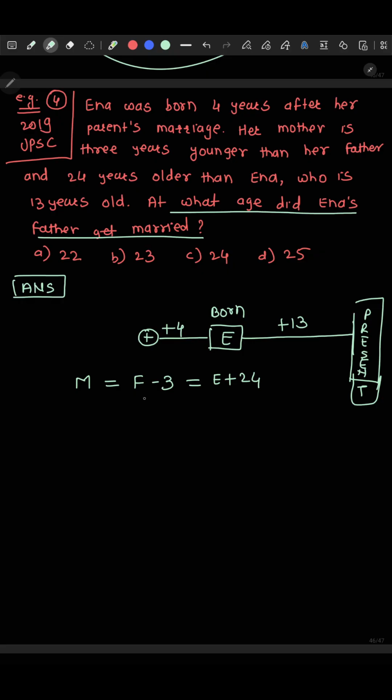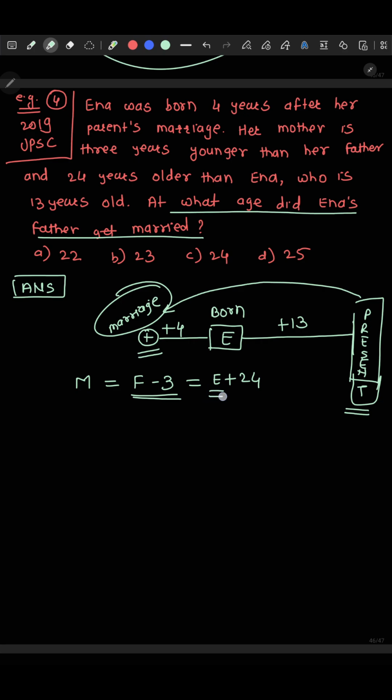To solve this, let's find out the present age of the father and then trace back to the marriage. Here is the year where their marriage happened, so we have to find that year. Now we know Ina's age, which is 13 years at present. So F minus 3 is equal to E. What is the value of E?